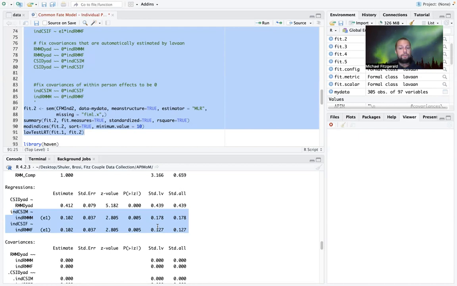Because if you theoretically believe that those equality constraints are appropriate, then this is the model that you would choose. But if you think that relationship mindfulness might have a different effect on relationship quality across men and women, then you will actually need to use the unconstrained model.